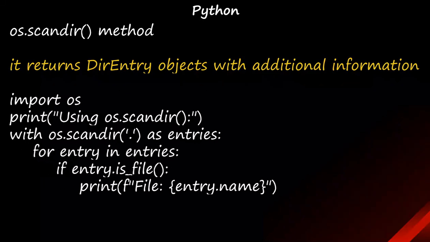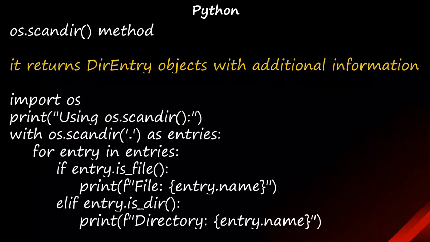So what kind of information does it have? For entry in entries, check whether the entry's path in the root directory is a file using the is_file method. So, is it a file? Yes, so you can print the file name.